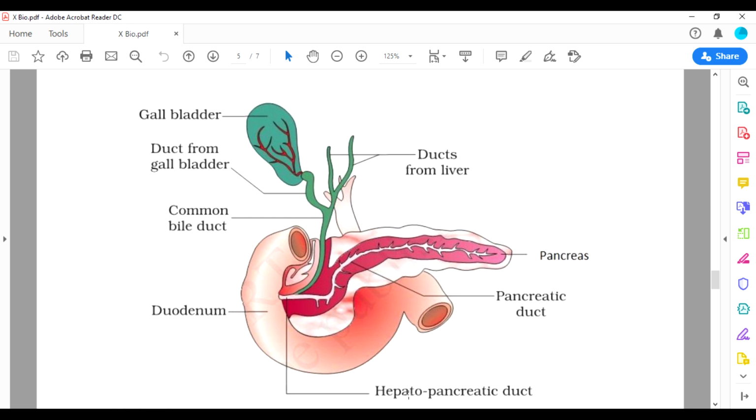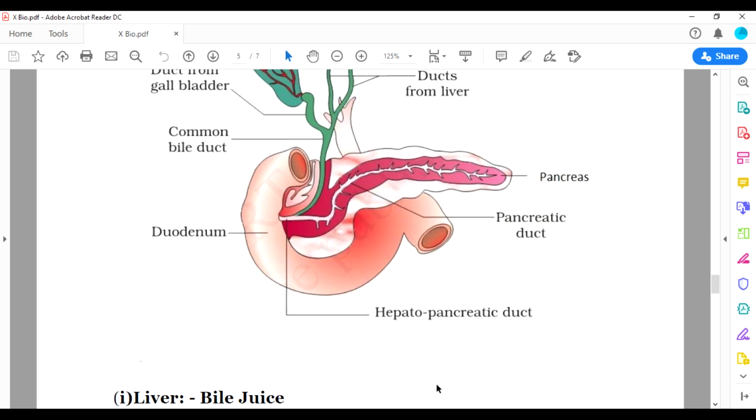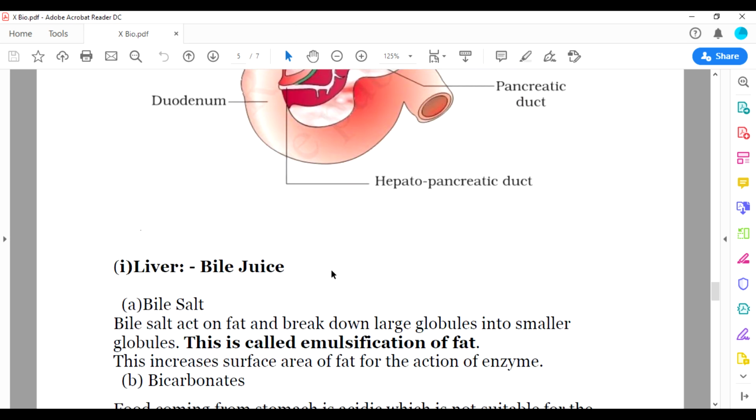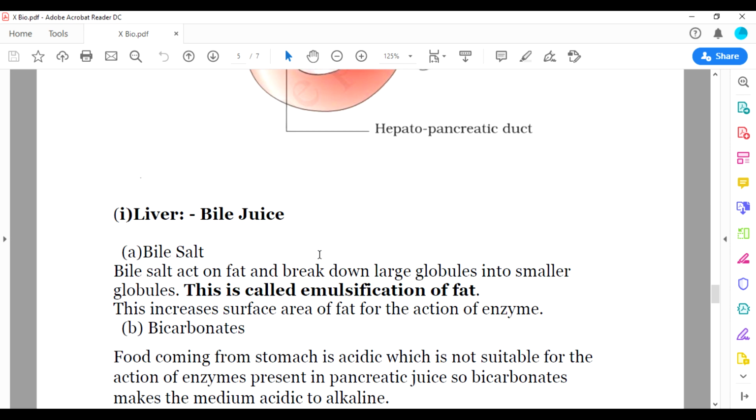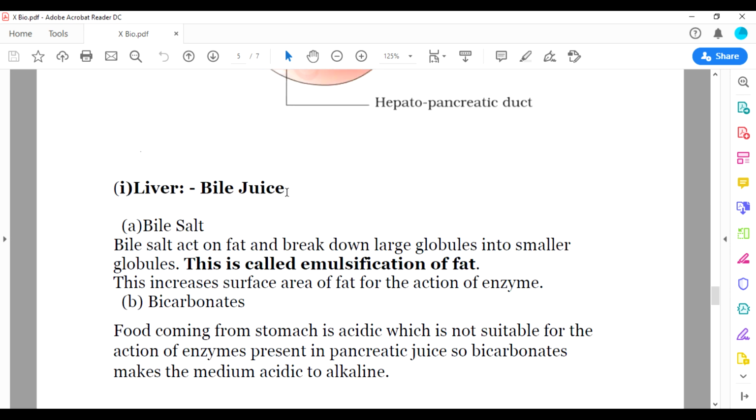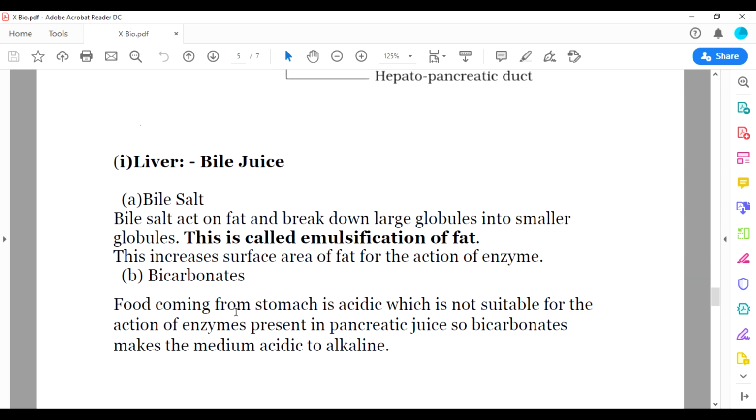What is that common duct? Yes, hepatopancreatic duct. How do these two glands help in digestion? The liver secretes bile juice, which contains bile salts and bicarbonates. Bile salts act on fat and break down the large fat globules into smaller globules.